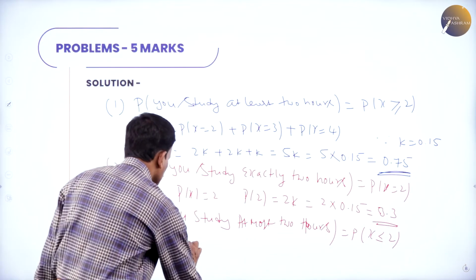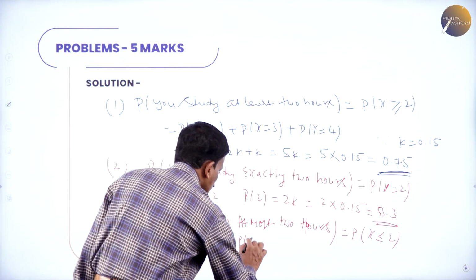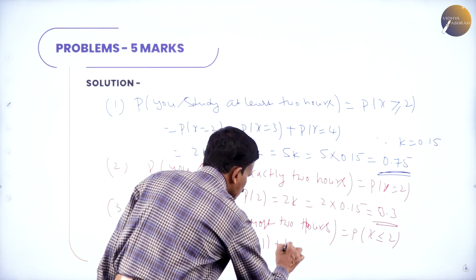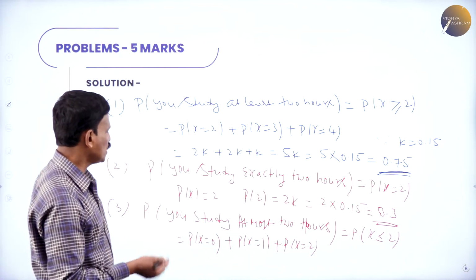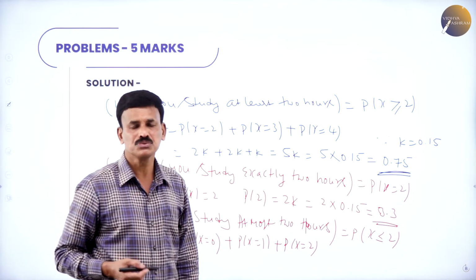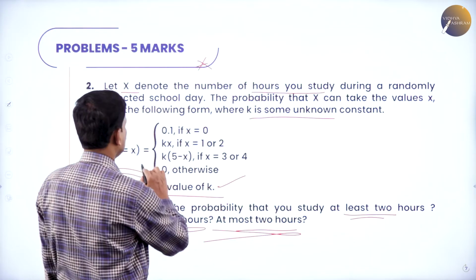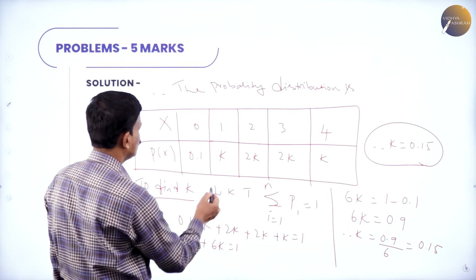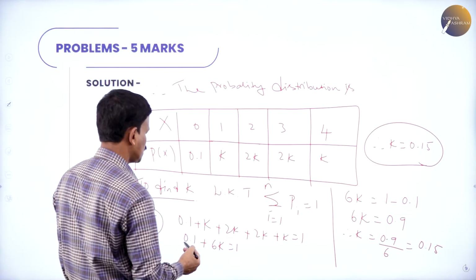That is equal to probability of x is equal to 0 plus probability of x is equal to 1 plus probability of x is equal to 2. So when x is equal to 0, it is 0.1. What did we get from the table? x is equal to 1 is k, x is equal to 2 is 2k.